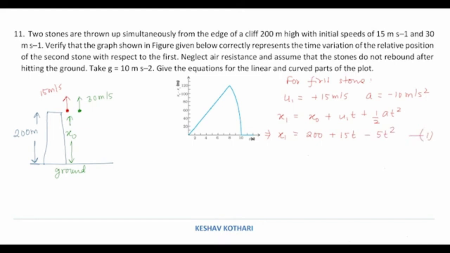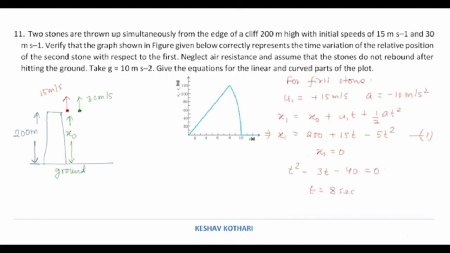If we solve this equation for the time when the stone hits the ground, that is x1 equal to 0, we get a quadratic equation in t, and on removing 5, we can write it as t square minus 3t minus 40 equals 0. On solving this equation, we get t equals 8 seconds.